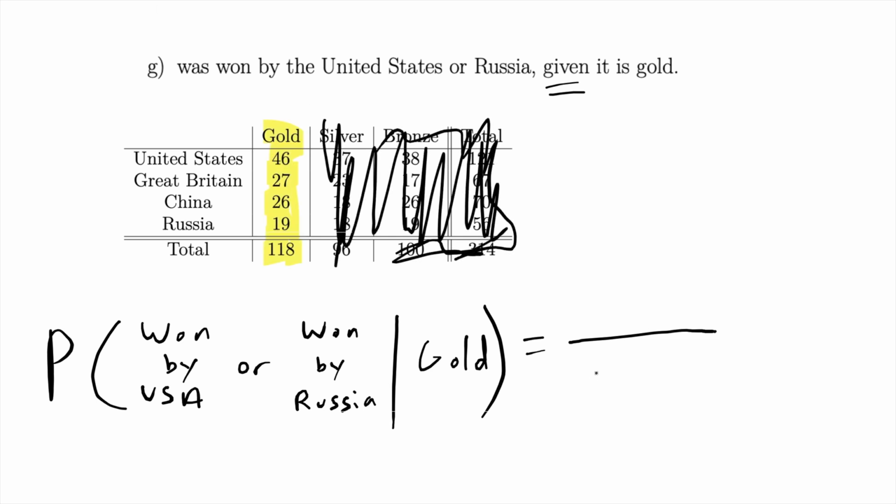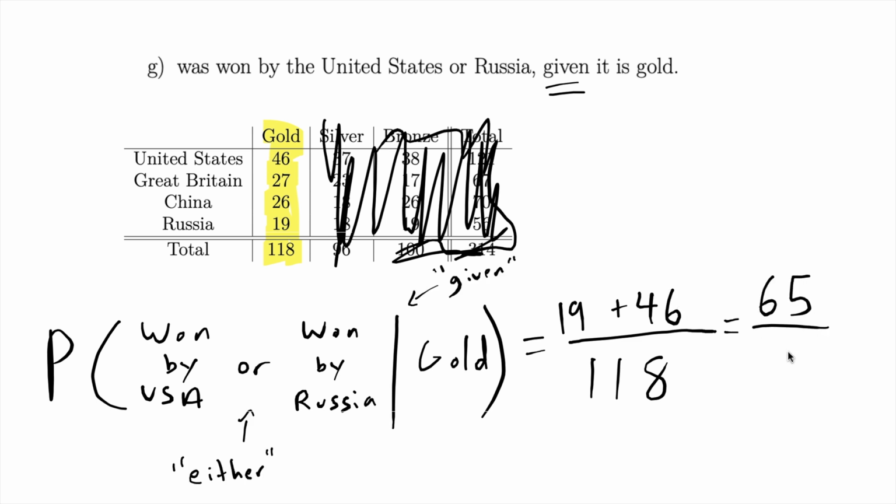So the number of possible outcomes is reduced again to the 118 gold medals. If we're just looking at these medals, how many of them were won by Russia or won by the United States? Well, there's the 19 medals that were won by Russia. There's the 46 medals that were won by the United States, and that's out of the gold medals.